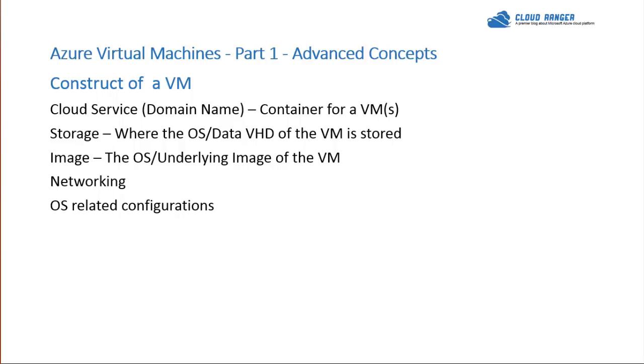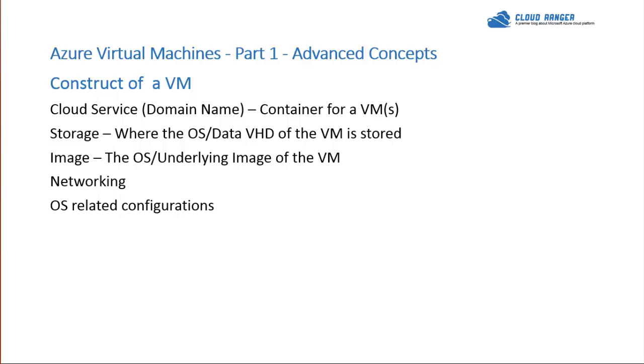Now, I want to carefully mention one thing here: if you have been using the latest versions of Hyper-V with 2012 or Windows 8 or even 7, you may have noticed that the virtual hard disk is in VHDX format. It's not a VHD, even though you can do a VHD. This is now 2015 when I'm making this video, and if you're watching it right now, Microsoft Azure currently only supports VHD.